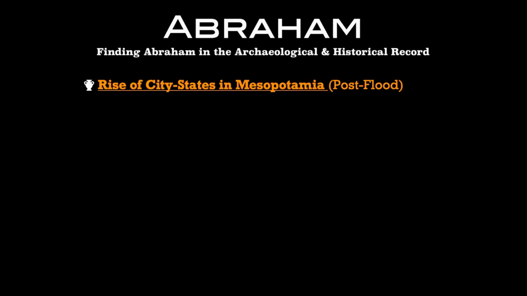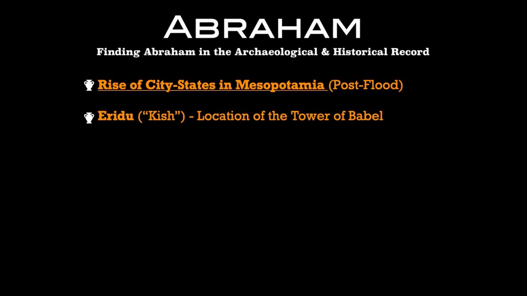So, the rise of the city-states in Mesopotamia. To review, Eridu would have been the location of the Tower of Babel. It's also known as Kish, mentioned in the Weld-Blundell prism. And I have a theory that I don't think I've ever shared publicly. It's not completely harebrained, but I think there's some plausibility to it.